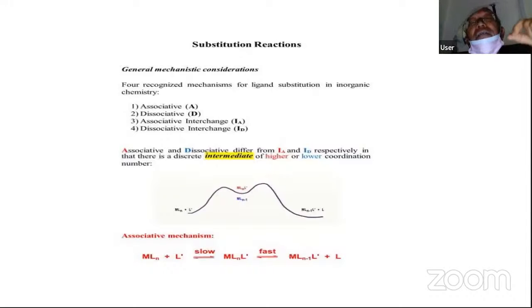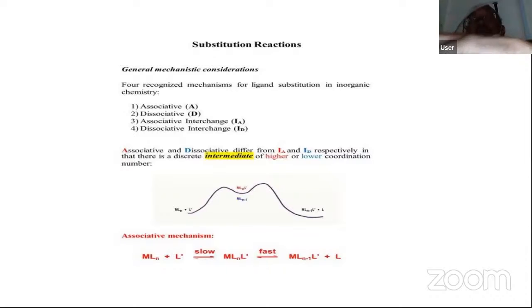So you know that the substitution is taking place at the center of the complex, at the metal center. There are two possibilities of replacement. One, the new ligand comes and attaches to the metal center. Okay, that is called associative.